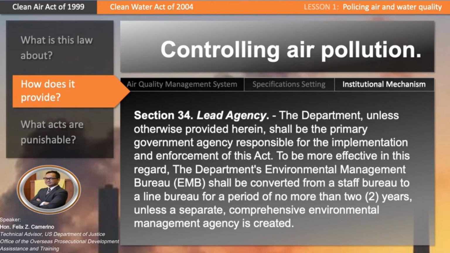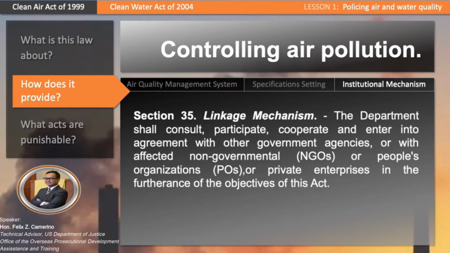law. In addition to DENR, the law also provides some linkages, some mechanism for linking up with other government bodies, and even non-government agencies, as well as people's organizations.